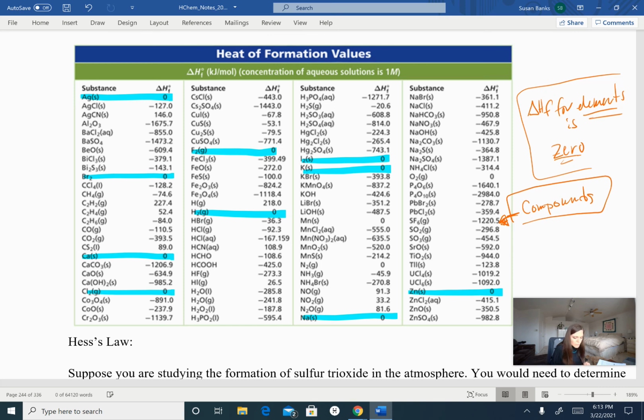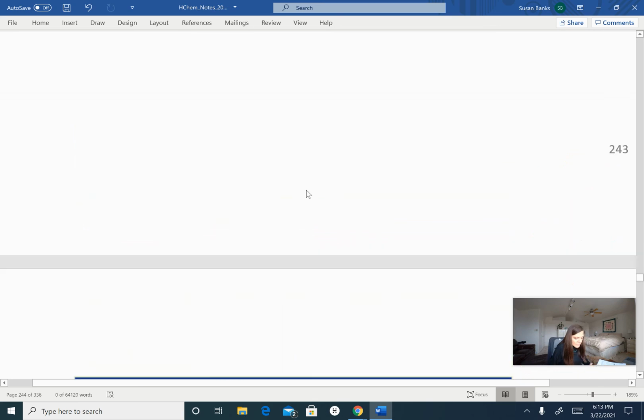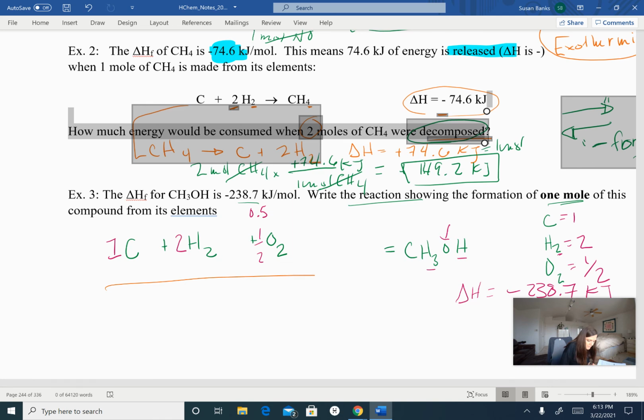Okay? So we're going to use this heat of formation table to have you look up values and create equations like this, where we are creating compounds from the individual elements. Okay?